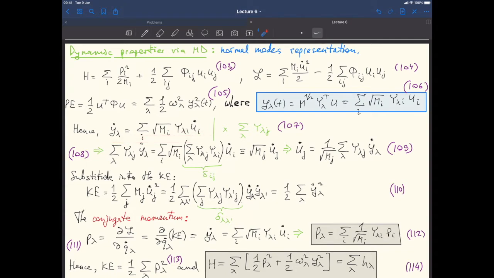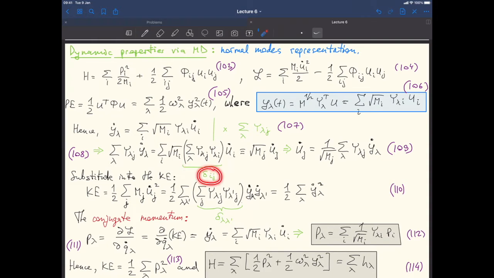For that, we need to multiply both sides of this equation by y_lambda j, this is the eigenvector again, and sum over all lambda. So in the left hand side, we will then have this. In the right hand side, we will have that, in which we can recognize in this sum the completeness condition for the eigenvectors.